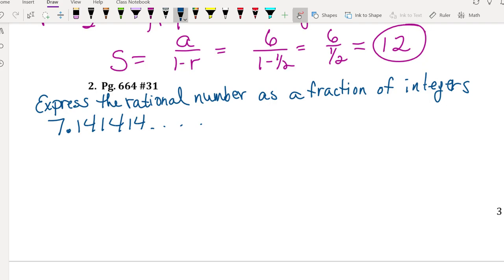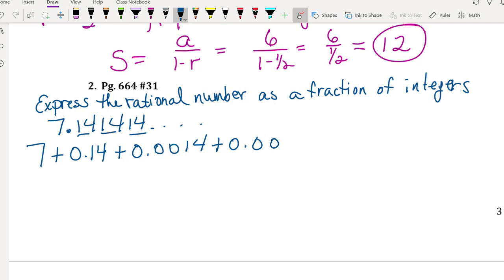So I can write this out as a series to make it look like we did in number 23 above. I have the 7, and then I'm going to add to it each of my repeating parts. So I have 0.14 plus, with 2 zeros there for that first 14, and then the next one, and then I'll write one more out, and then I'll have another set of zeros for the second set of 14, and so on.